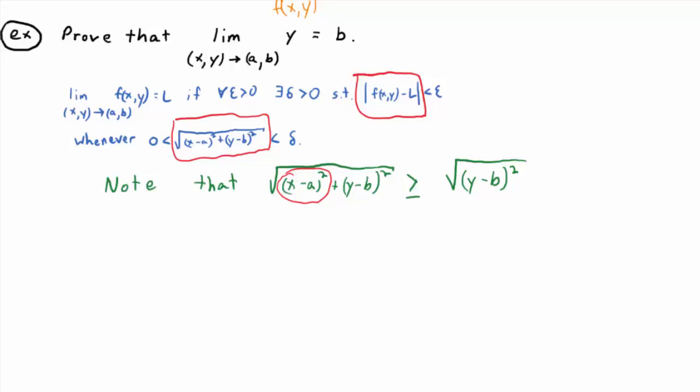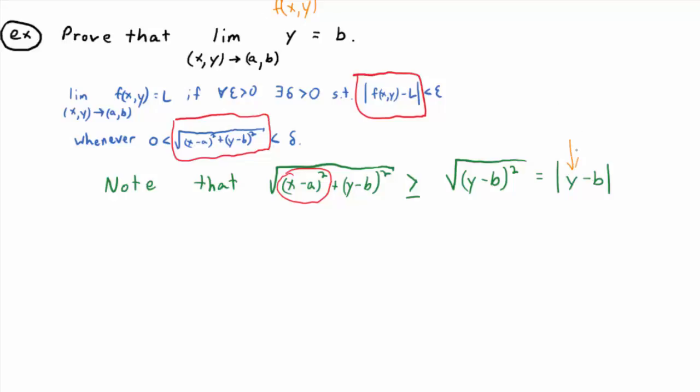But here's the thing, you guys. This radical right here is the absolute value of y minus b. When you take the square root of something squared and you don't know if the thing being squared is positive or negative, you need to put absolute values around it. But here's the thing. We've made the connection now between the distance between (x,y) and (a,b) and the distance between the function value and L, because guess what?